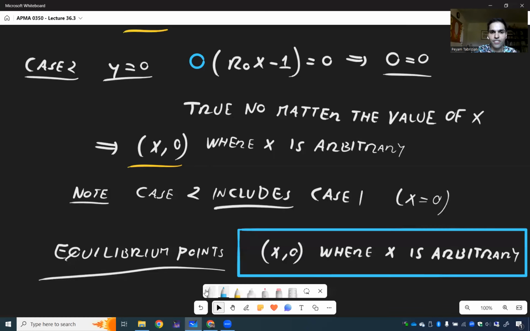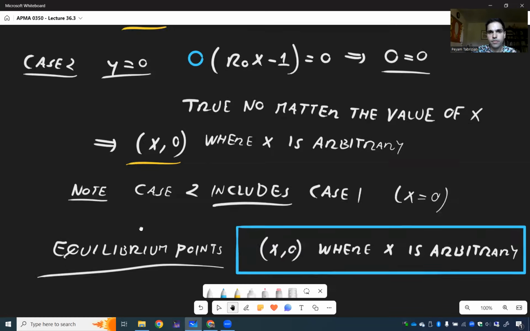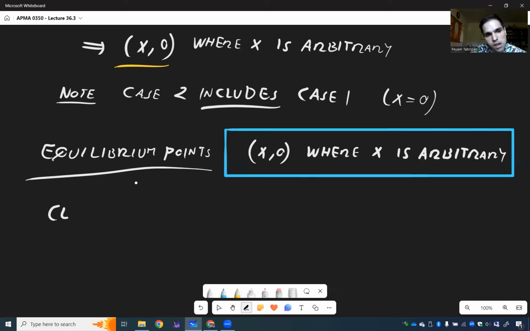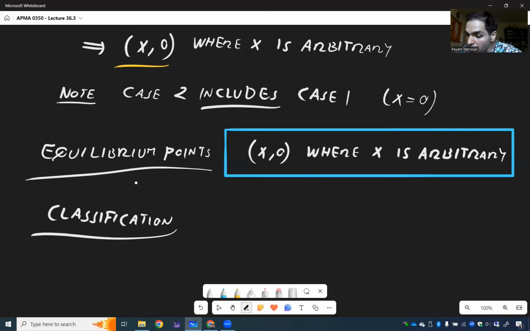So again, the classification here. So let's calculate the gradient. So the derivatives, partial f of x, y is the gradient. So here you differentiate everything.